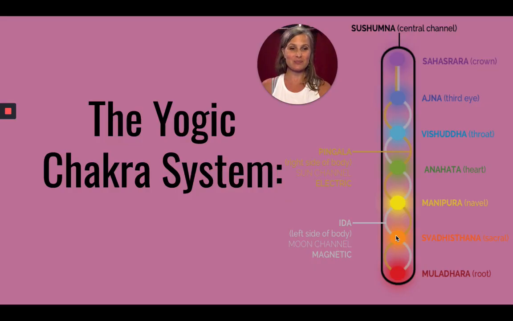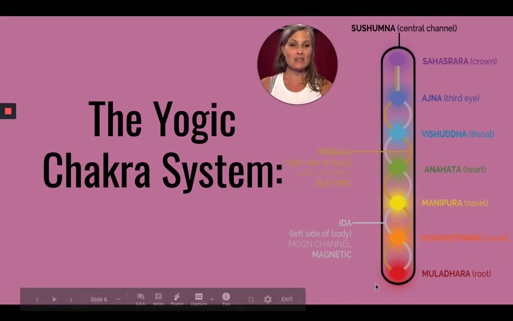They separate and come back together in a unified state here at Manipura, the navel chakra. They separate, they come back together at Anahata, your heart chakra. They separate, they come back together at Vishuddha, the throat chakra. Separate, come back together at Ajna, 3rd eye chakra. And they stay together, unified, to get up into that crown chakra consciousness.